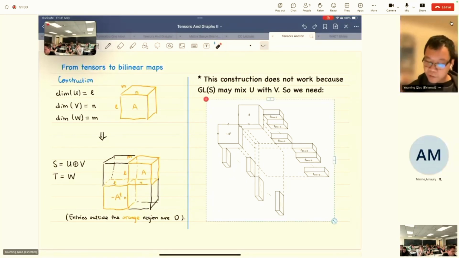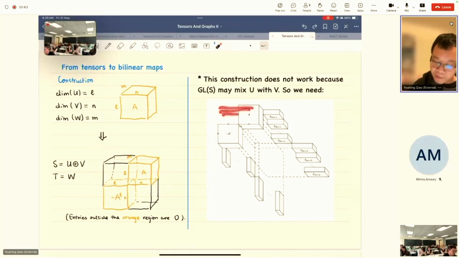So we come up with a solution. The problem is that you want to make the U slices and the V slices distinct, or special in their own way.